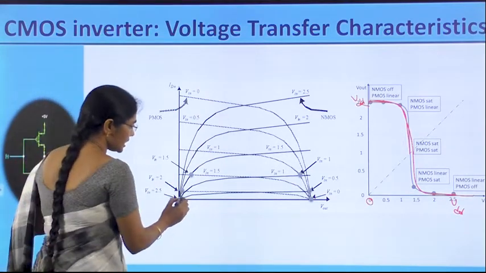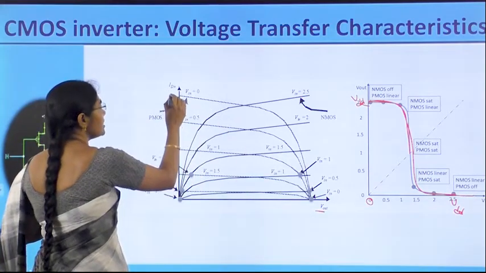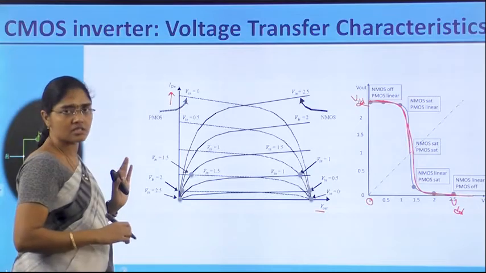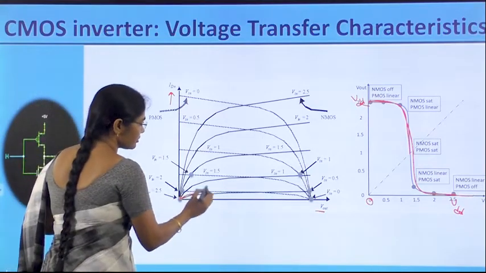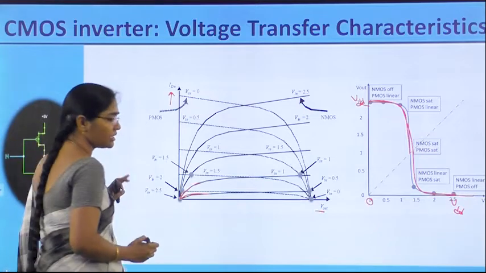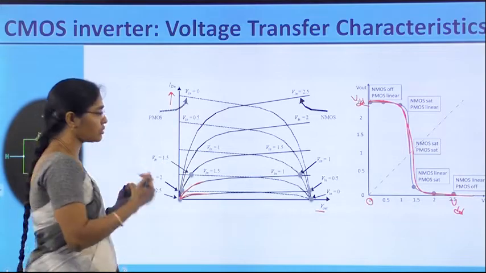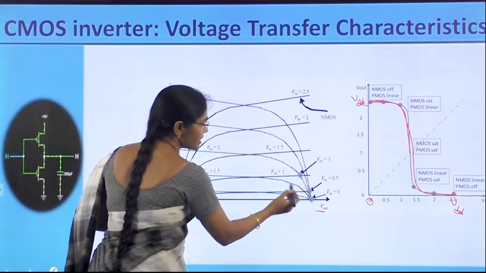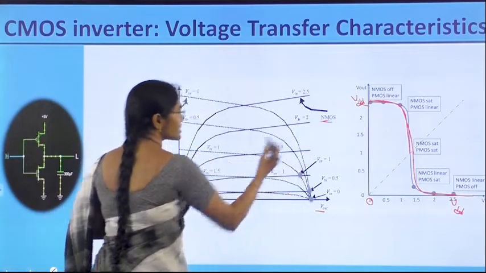See here in this graph, Vout is taken on the x-axis and IDS on the y-axis, IDS versus VDS. The solid line represents the NMOS enhancement characteristic of the CMOS inverter circuit, and the dotted line represents the PMOS. So, PMOS curves and NMOS curves.